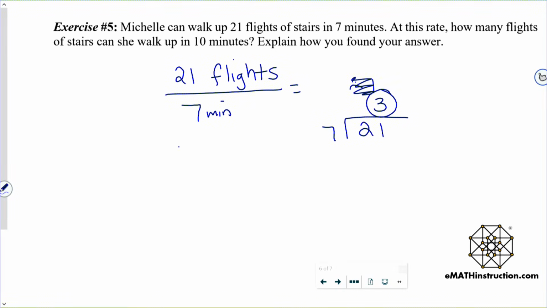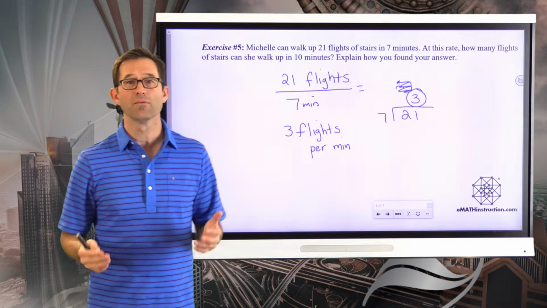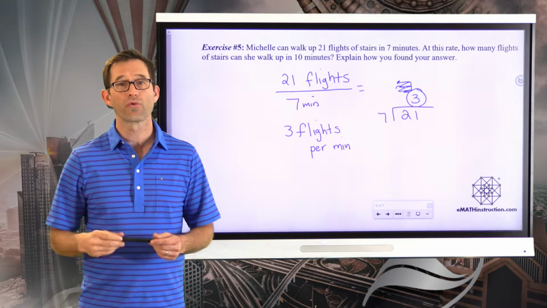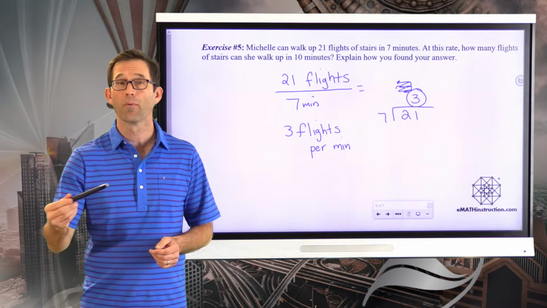Our unit rate here is 3 flights of stairs per minute. All right? So that is the unit rate that Michelle is climbing stairs. 3 flights of stairs per minute.